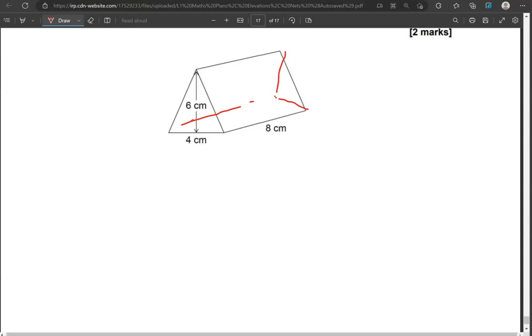So that looks like a rectangle with dimensions 8 centimeters by 4 centimeters. On the side we have a triangle which has the base 4 centimeters and height 6 centimeters.